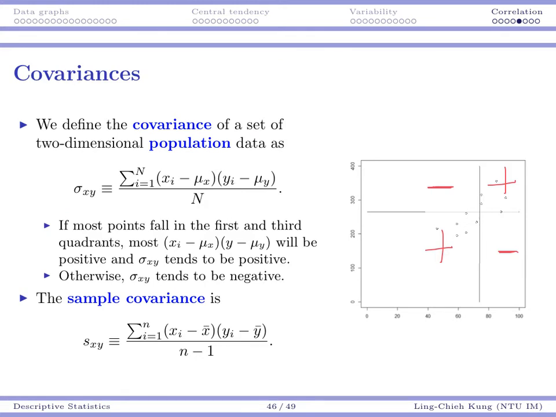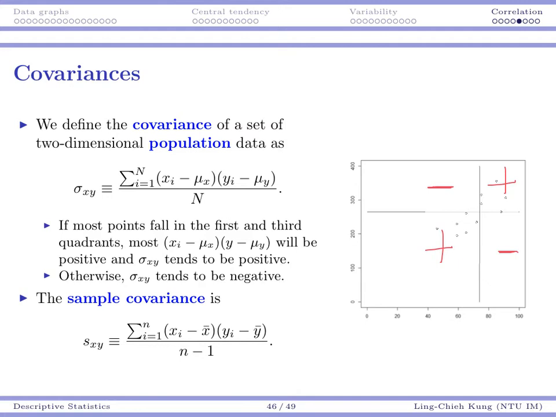In general, the very simple idea is just to measure whether, when one is greater than the mean, the other one is also greater than the mean. And then we use this particular concept to define covariance. This is population covariance, and similarly we have sample covariance.